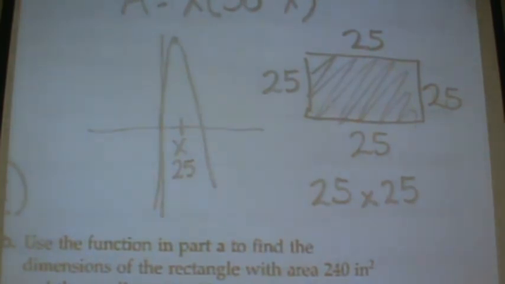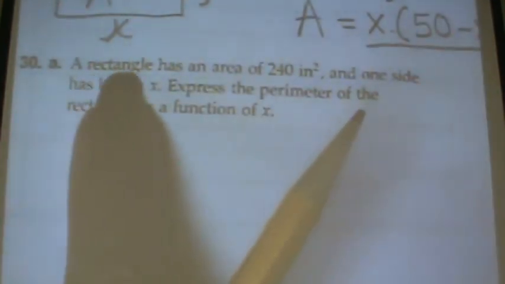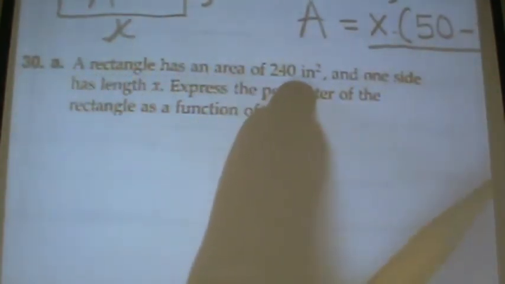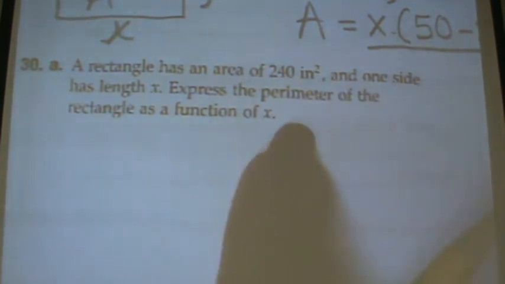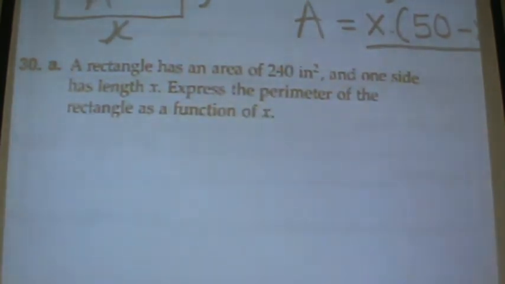So what you're doing on these story problems is, like for this one, a rectangle has an area of 240 inches squared on one side. They want you to write an equation for the perimeter. So for this one, I'll start you off. Anyone think they know what the formula for area is?